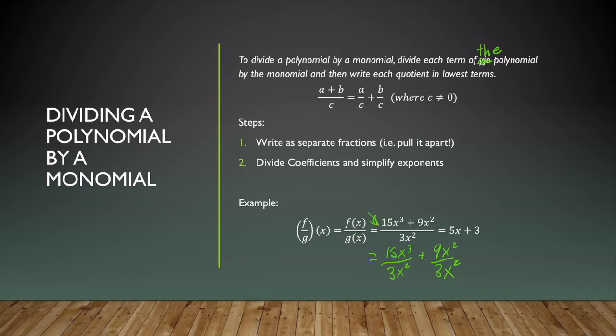Now I'm going to divide the coefficients. Let's look at this first term here. 15 divided by 3 is 5. X cubed divided by x squared, we're going to use our quotient rule, that leaves me with x. If I have 9 divided by 3, that's 3. X squared divided by x squared is 1, so I have 5x plus 3.